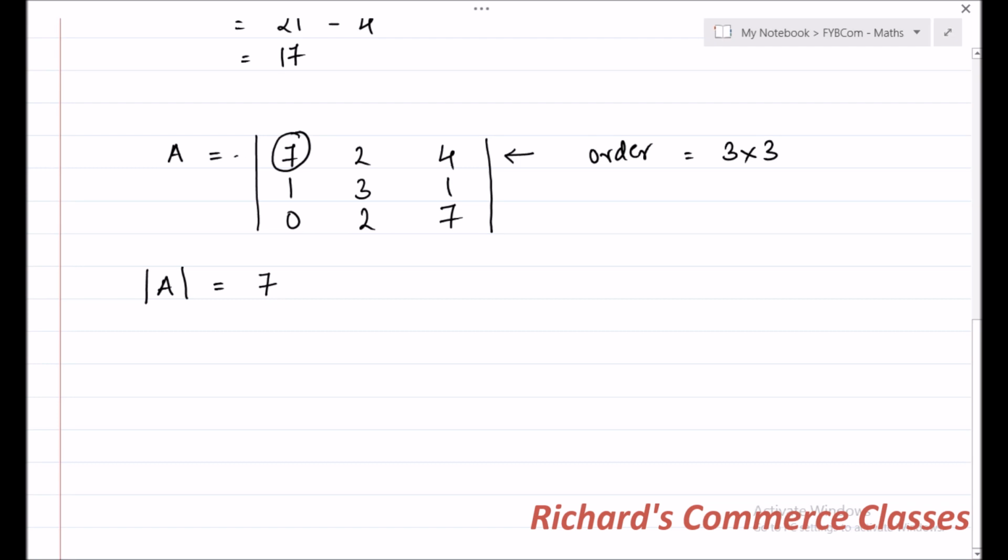So this row is deleted and this column will be deleted. So what are the remaining elements now? You have to form a 2 by 2 determinant, that is 3, 1, 2, 7.